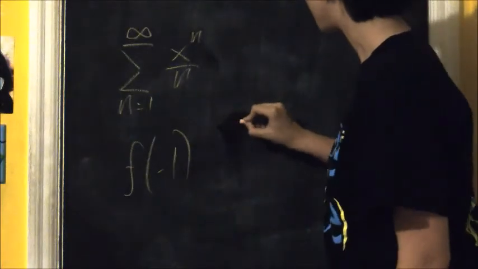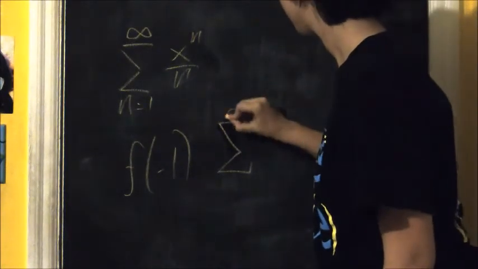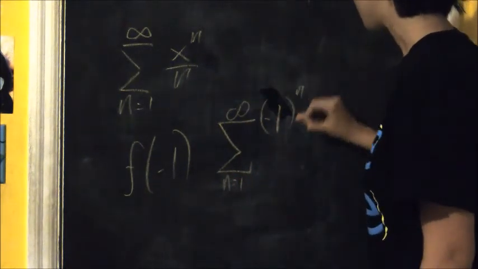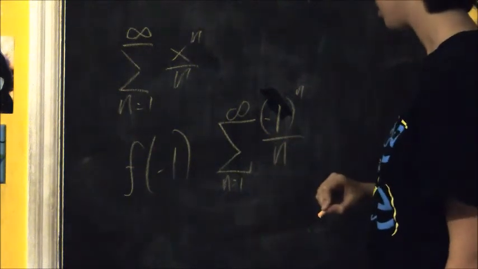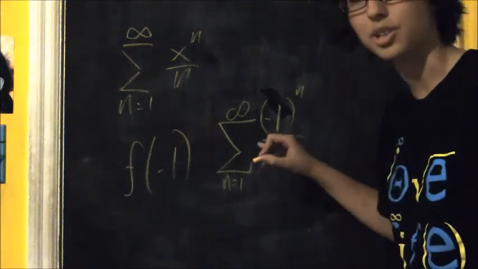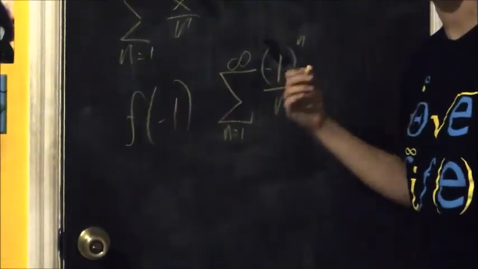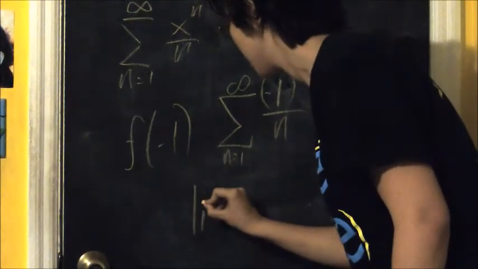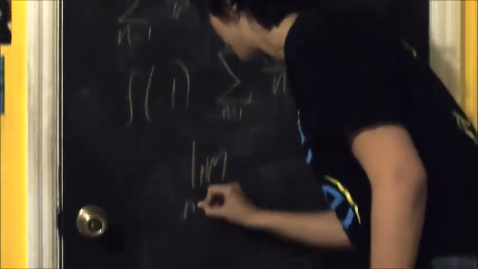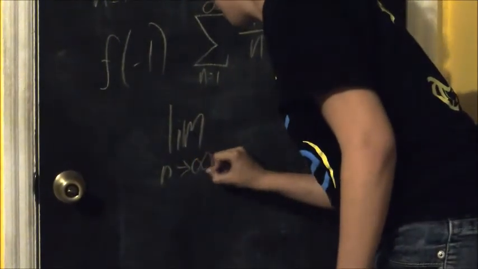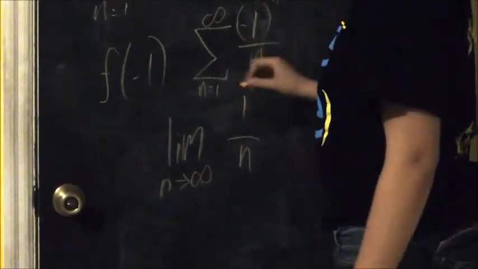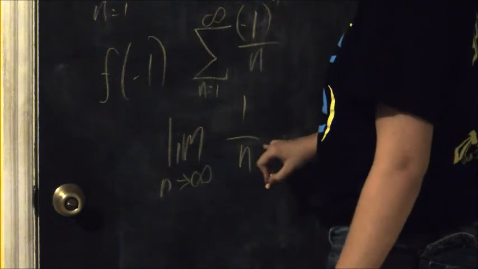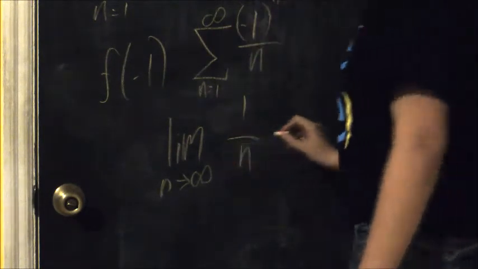So now we plug in negative 1 into our original series. Negative 1 to the n over n. So we see that we have a negative 1 to the n, which is an alternating sequence, so we need to do the alternating series test. The alternating series test says we take the limit as n approaches infinity of 1 over n, which would be 1 over infinity, which equals 0.